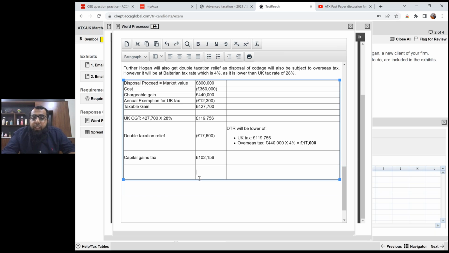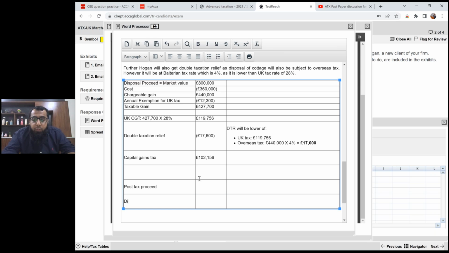So how will we calculate the post-tax proceed? The disposal proceed was 800,000 and the tax is 102,156.